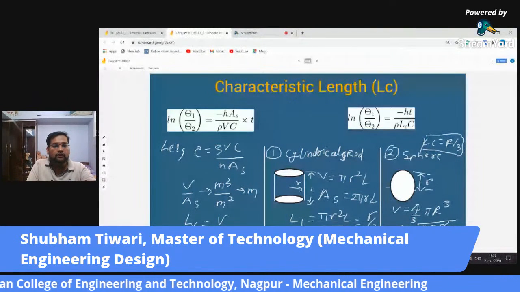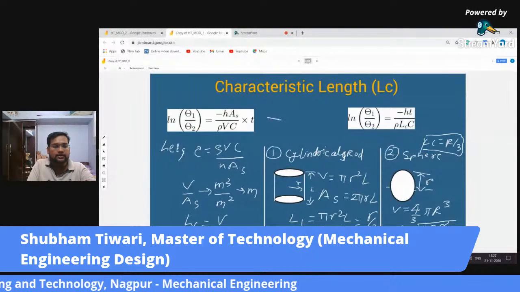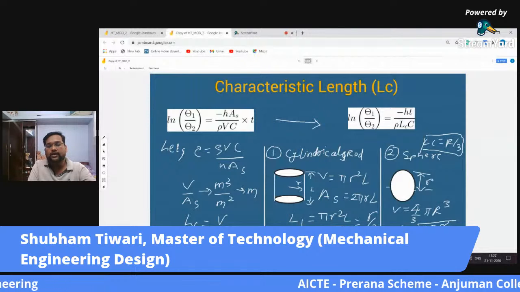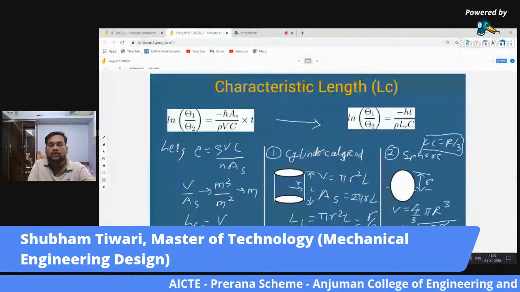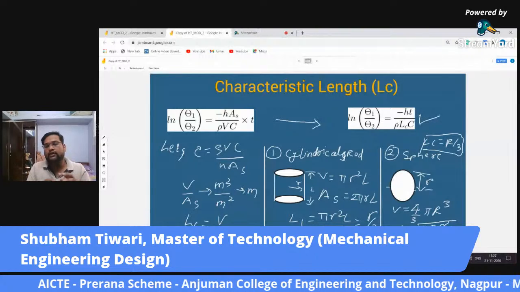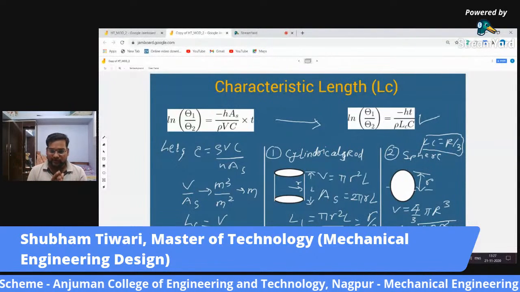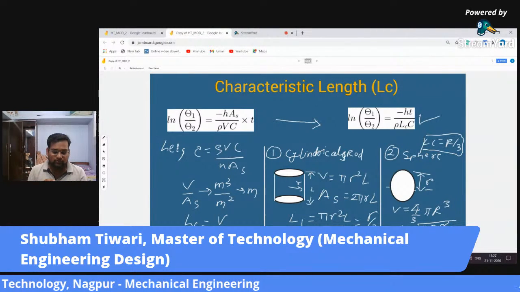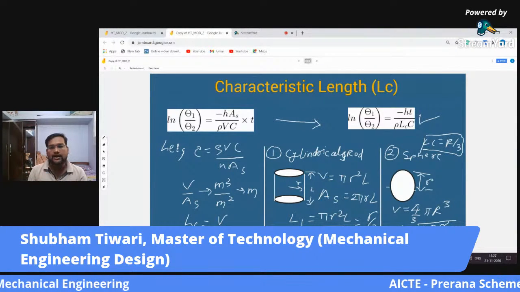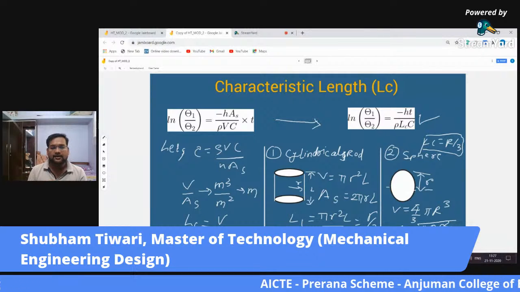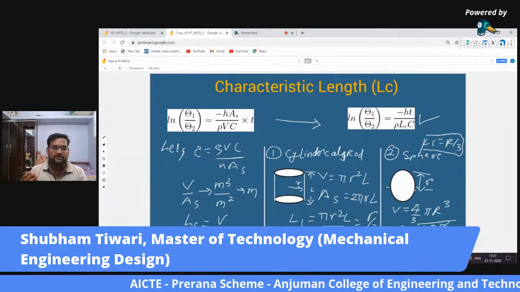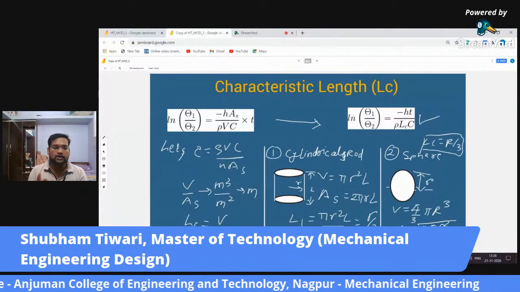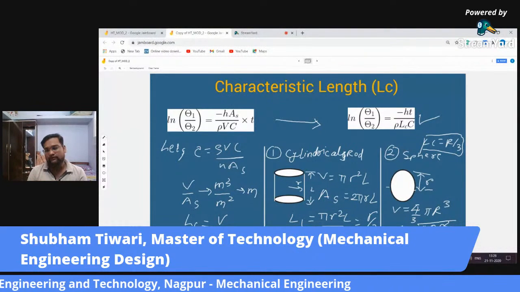When I put this value of V by S equals LC, we are left with this equation: ln of theta 1 by theta 2 equals h t upon rho LC C. Now this is going to be a very important formula for us to solve in the exam, because we are not going to be able to find out volume and area each and every time in the GATE exam, as we have almost 2.5 to 3 minutes to solve a question. If we utilize that time in solving the volume and area, a lot of time will get wasted.